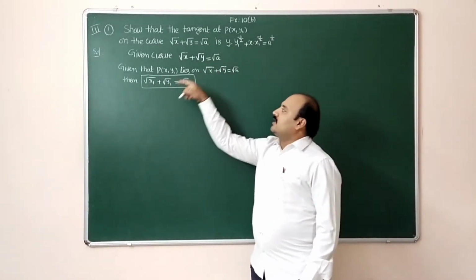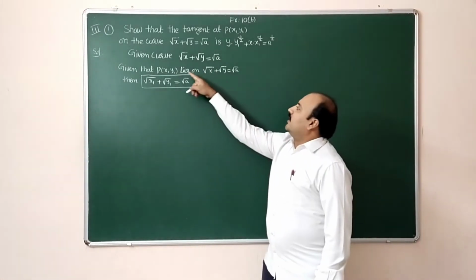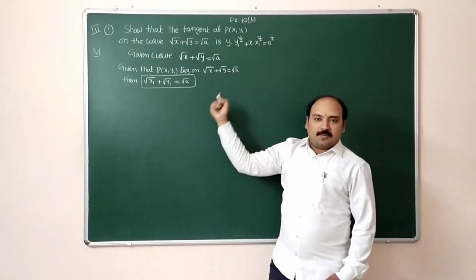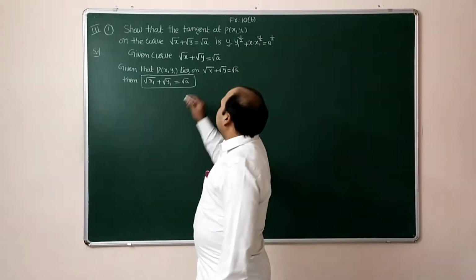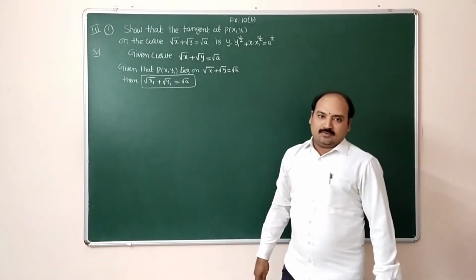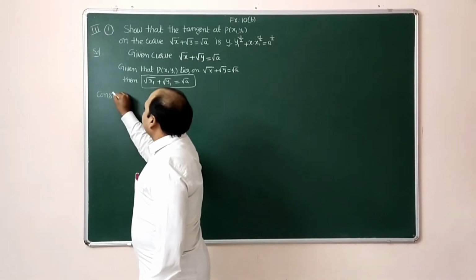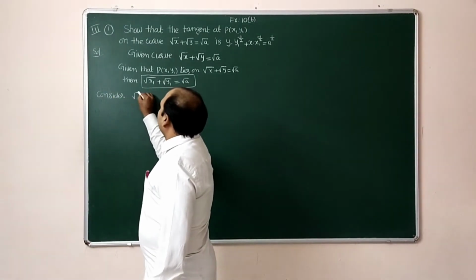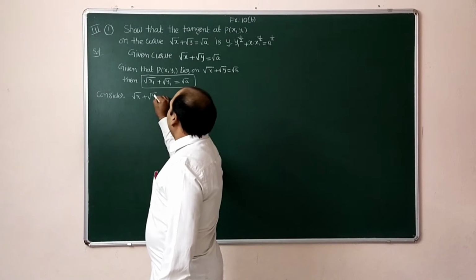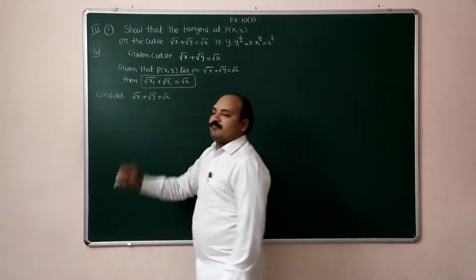The point lies on the curve. That means wherever x, y is there, you have to replace with x1, y1. Now consider the curve and get the slope. Consider root x plus root y equal to root a.